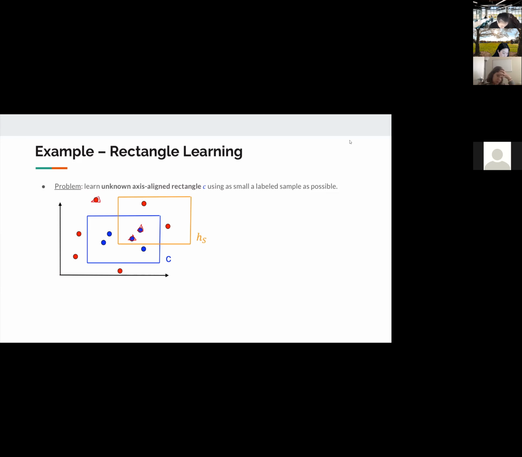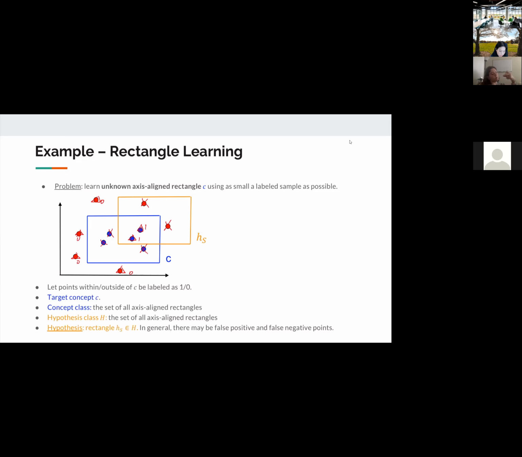You won't make a mistake on these four dots either, because you would just mark them as 0, and they are actually 0. Here you will mark them as 1 and they are actually 1. However, you will make a mistake here, because you were going to mark them as 1, but they are actually 0. Also, you are going to make a mistake on these 3 blue dots because you're going to mark them as 0, but they should be 1. Okay? All right, so very simple.